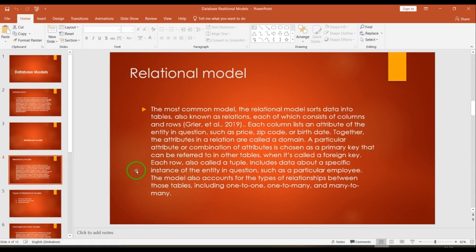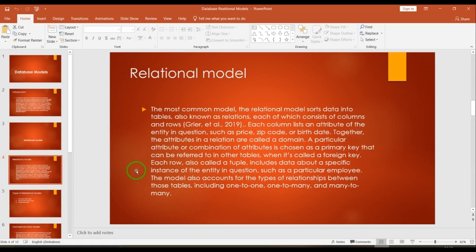So, in brief, a primary key is a unique identifier we use when searching to retrieve a specific record. Each row is also called a tuple.